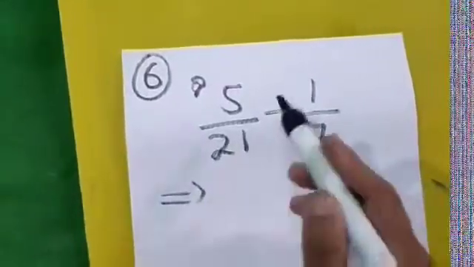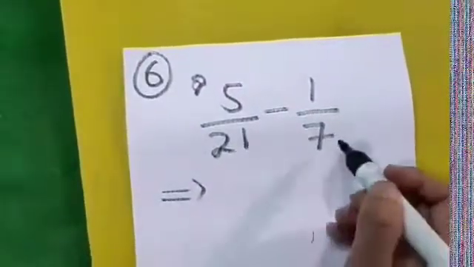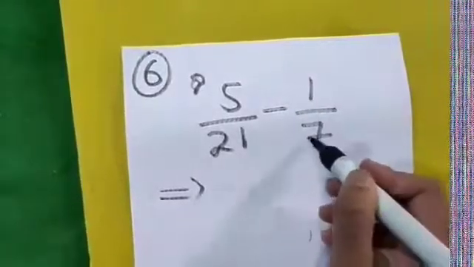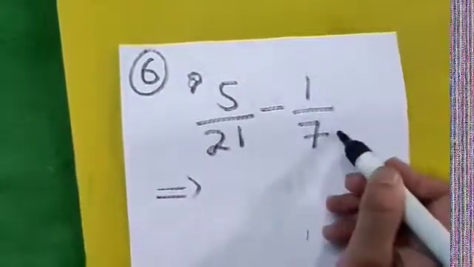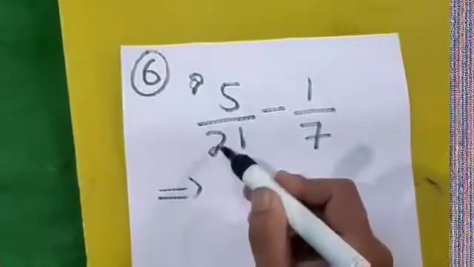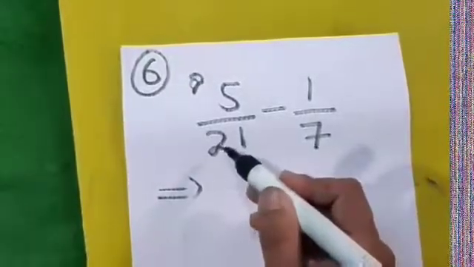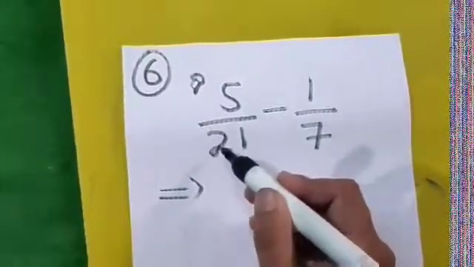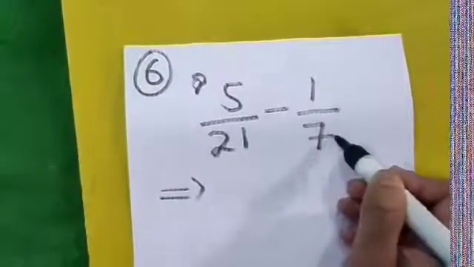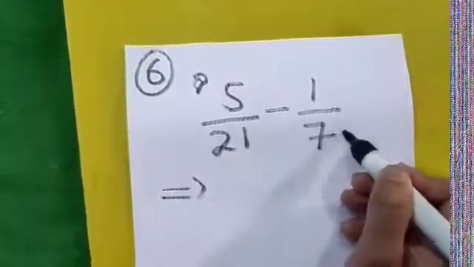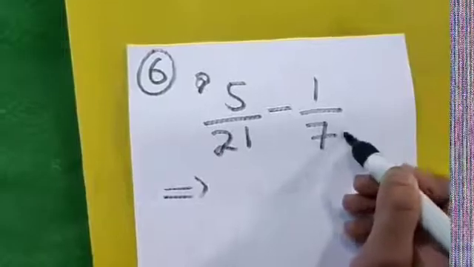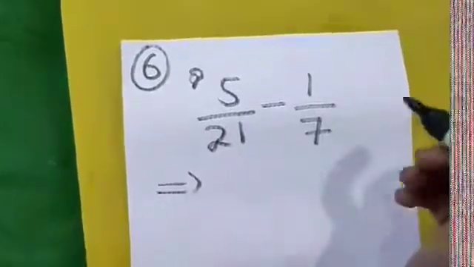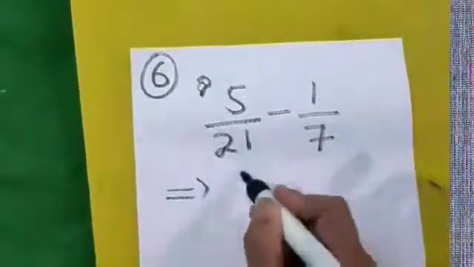To make these fractions like, we will multiply 1 upon 7. When 7 is multiplied by 3, we will get 21 in the denominator, so it will become like. As we multiply 3 in the denominator, we have to multiply 3 in the numerator also.